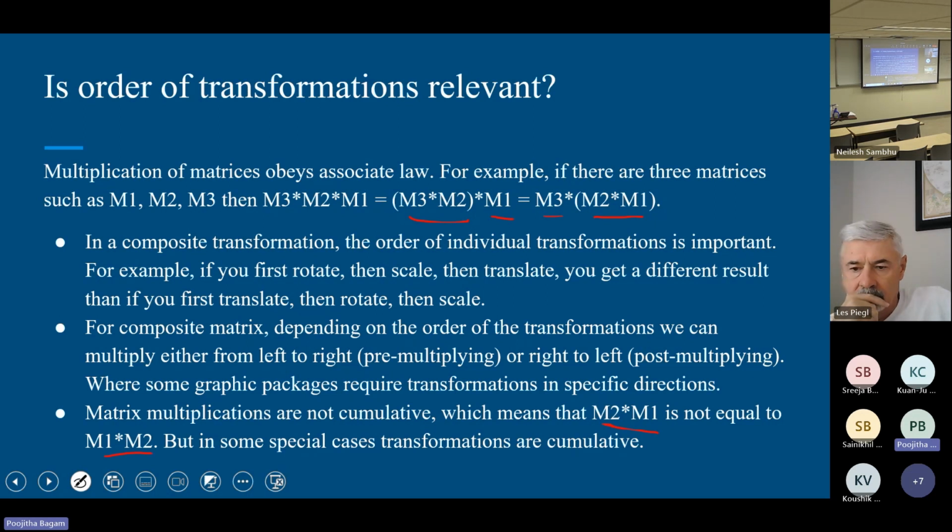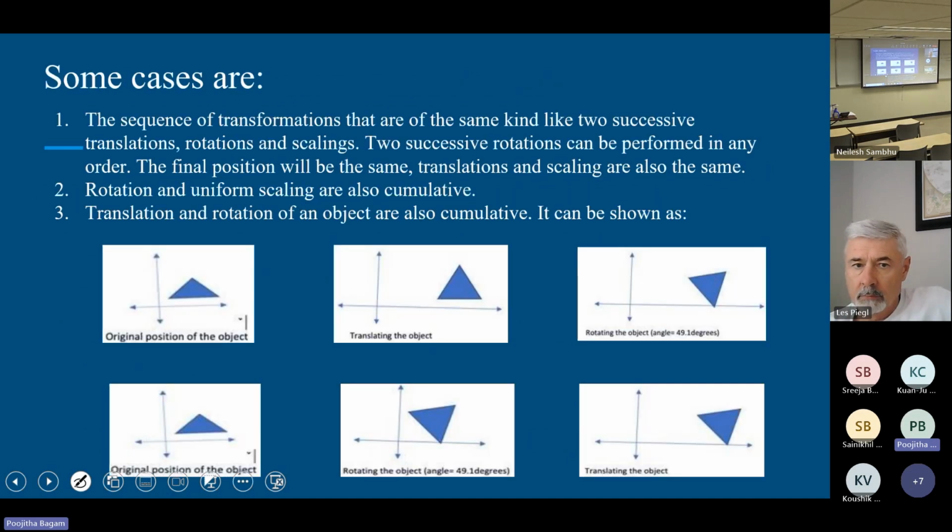But in some special cases, transformations are commutative. In the first case, the sequence of transformations are of the same kind, like 2 successive translations, 2 successive rotations, or 2 successive scalings. This will result in the same final position of an object.